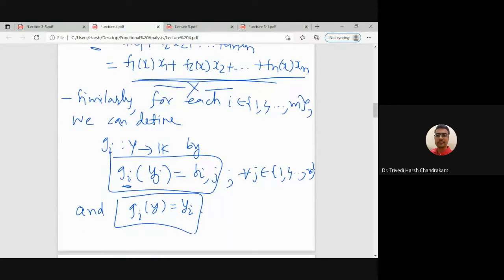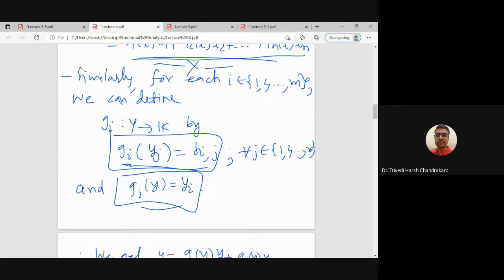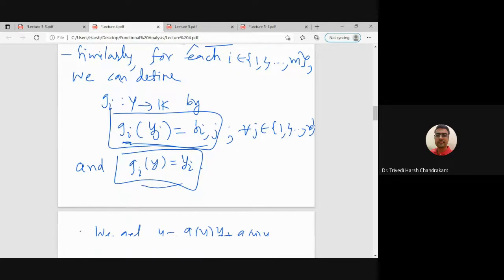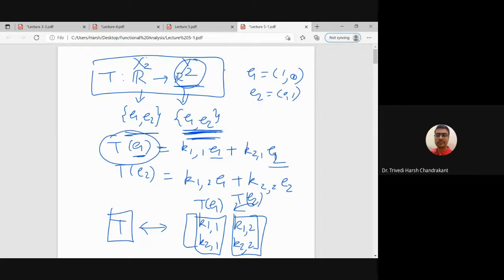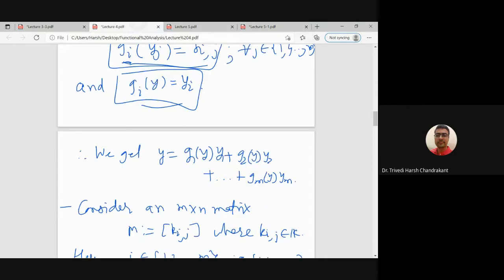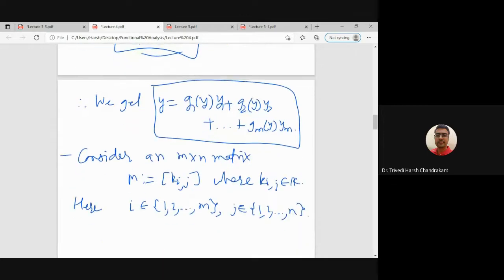So gi of yj is delta ij, and then every y we can write as a linear combination of the basis with respect to the codomain. So y also has a linear combination in terms of y1, y2, ym.